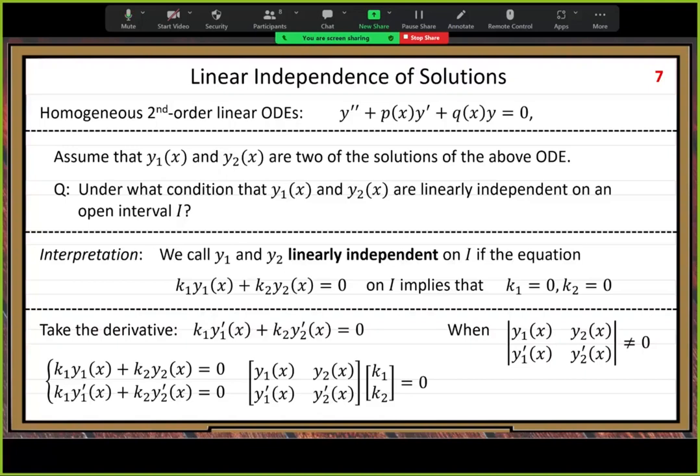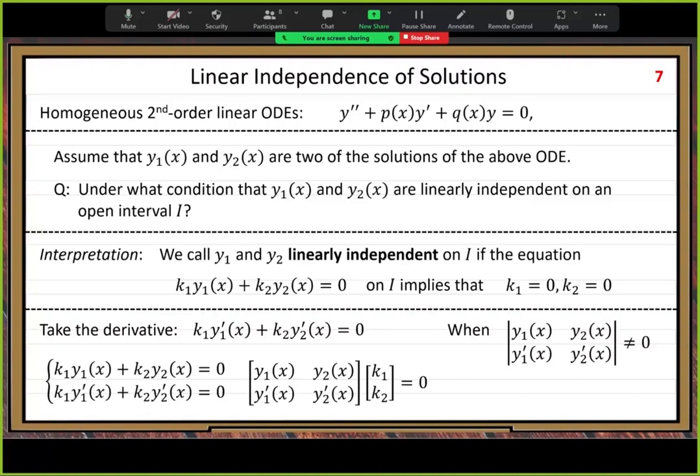If it's not equal to 0, then by the result from linear algebra, it has no non-trivial solution. So the only solution must be trivial, that is, K1 equals 0, K2 equals 0. That's what we need to have.